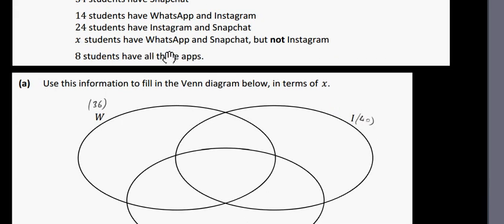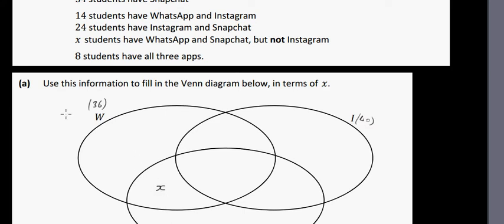Now X students have WhatsApp and Snapchat, but not Instagram. So that's this circle here and this one down below here, but they don't have Instagram, so I can take this out. So now I know I can put in an X here.